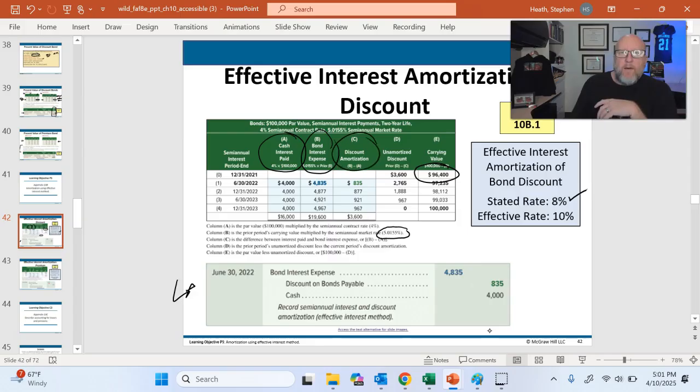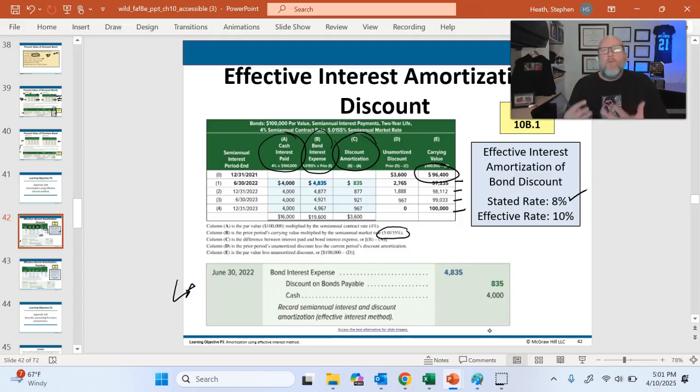They have the discount, right? Or the amortization of the discount, meaning we're just eating into the discount by some amount, same as mine, right? And so they have period 1, 2, 3, 4. Okay. So that's the table.